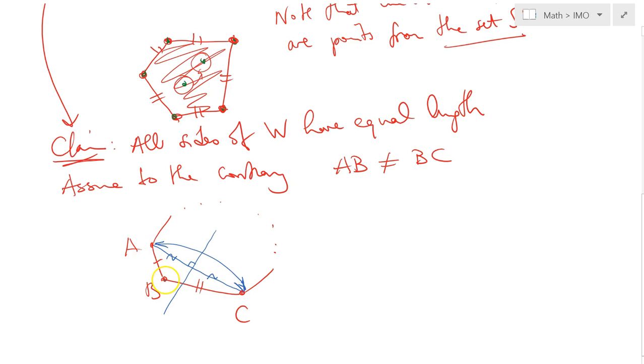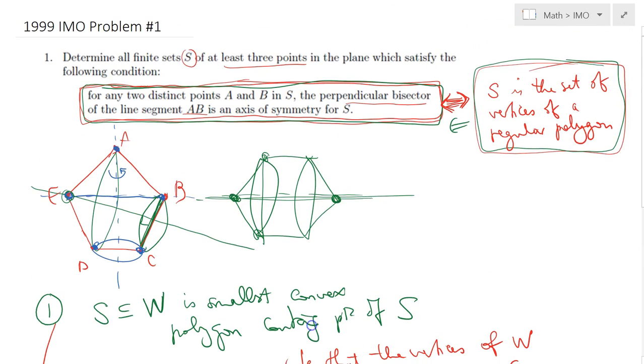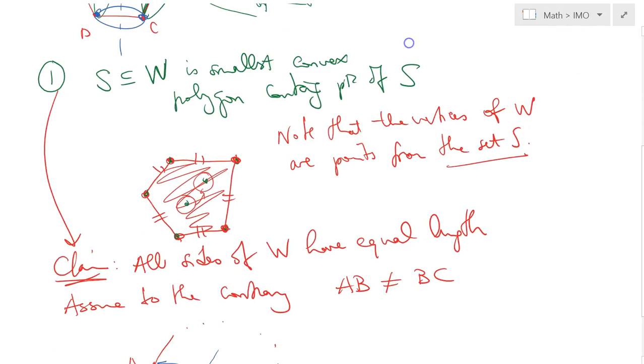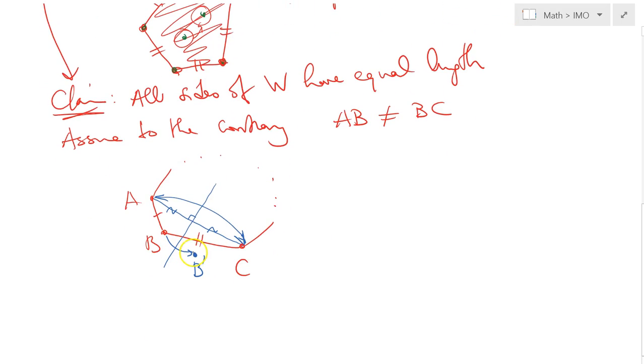However, B will reflect onto a point B prime which is not on the convex hull, right? So which is not a vertex of the convex hull. But this is a clear violation of the condition that we have, which namely states clearly that it is an axis of symmetry, suggesting that B prime was supposed to be on W, right, by the definition of W here, the convex hull.